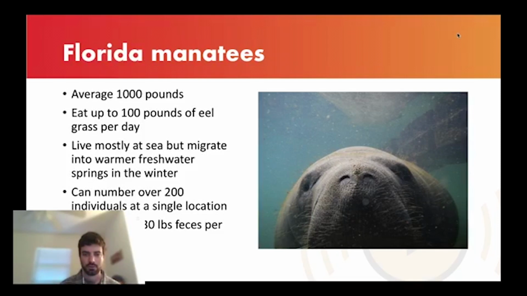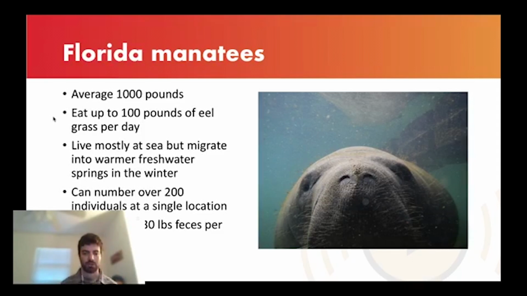And so the Florida manatee averages 1,000 pounds. They can eat up to 100 pounds of eelgrass per day. And then I guess, like I previously said, they live mostly at sea, but can migrate into warmer freshwater springs in the winter months. And that's mostly for thermoregulation, to keep warm, because despite their large size, they actually don't thermoregulate very well, and they don't have a lot of insulating blubber.